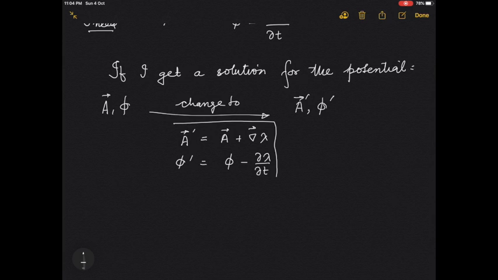Okay. So this has to be maintained when I am changing from one A and phi to the other A and phi, which is essentially, as I said, is called fixing the gauge.